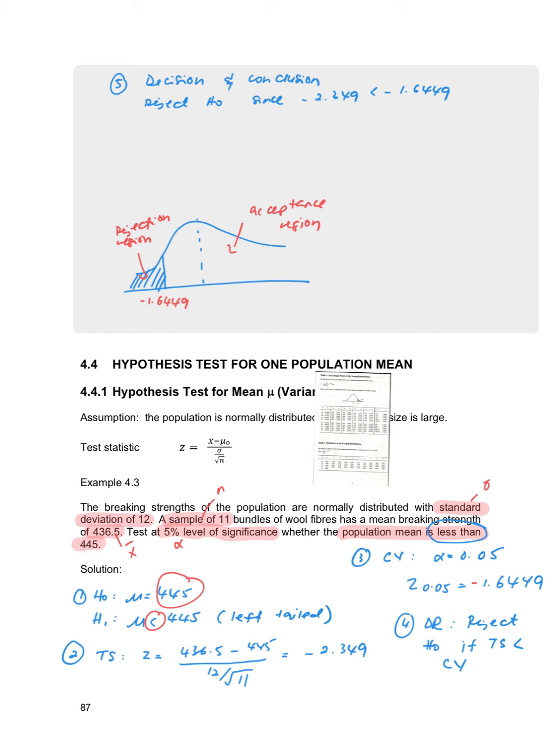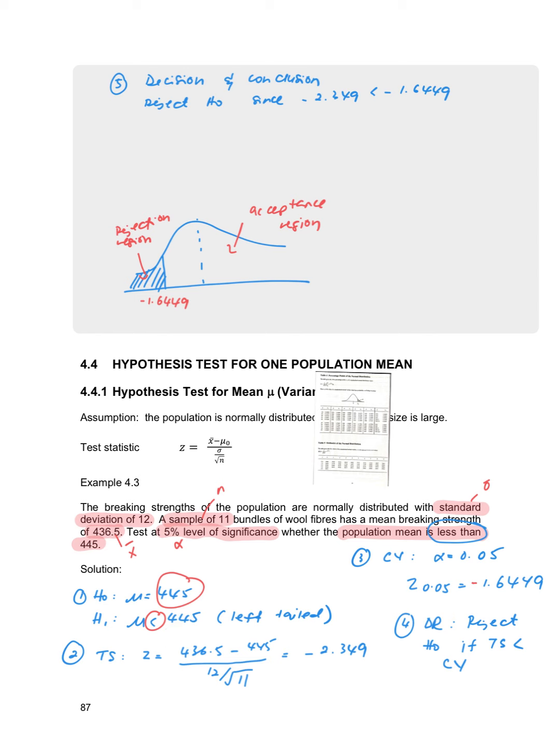So what conclusion can be made here? There is significant evidence to conclude that the population mean is less than 445. We said we reject H0, and we cannot accept H0. So if we reject H0, our conclusion is the population mean is less than 445.